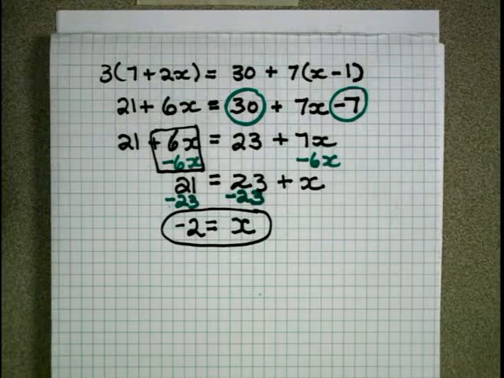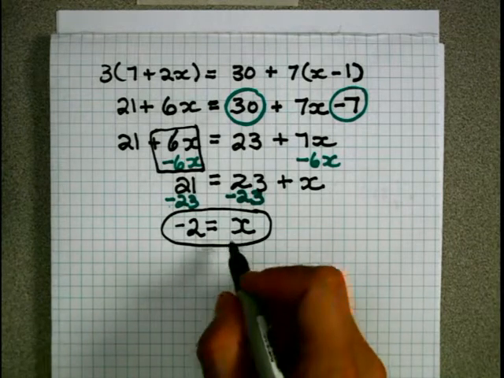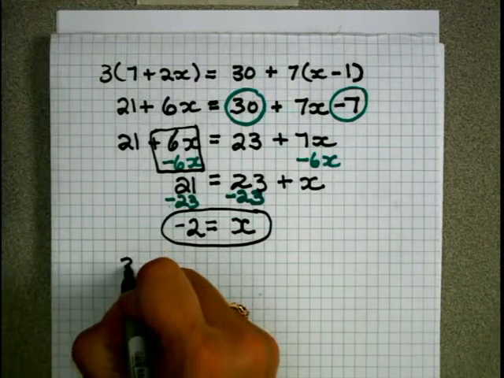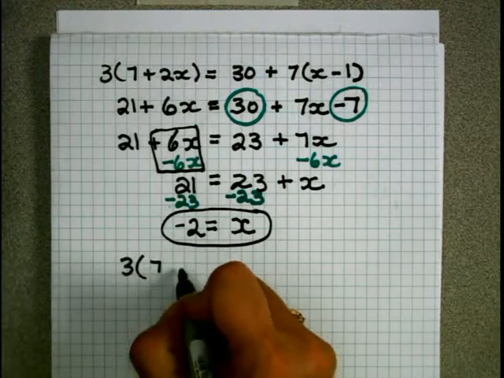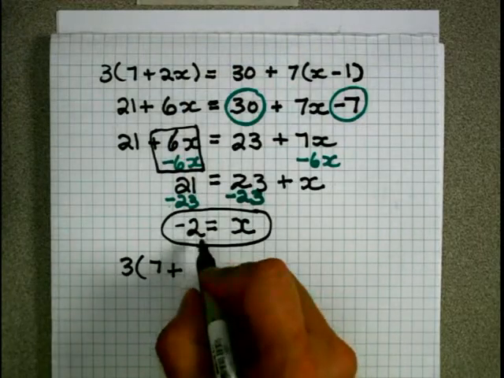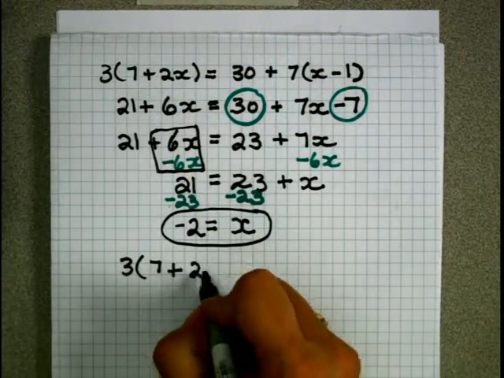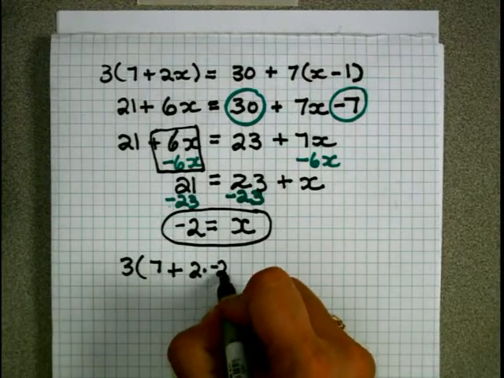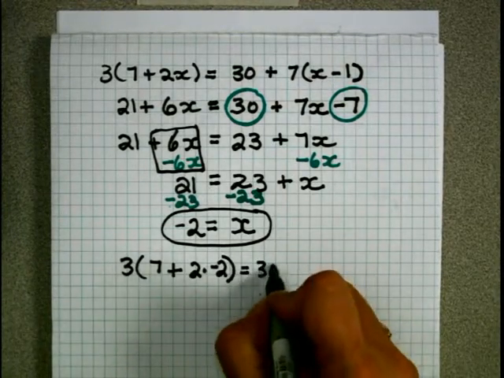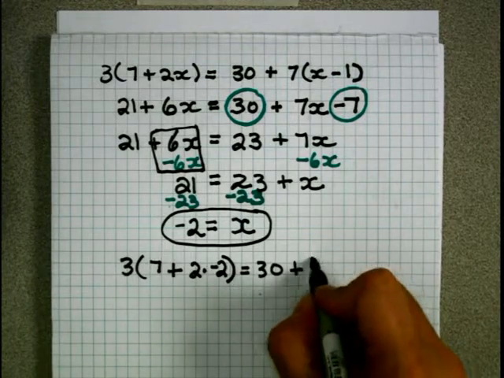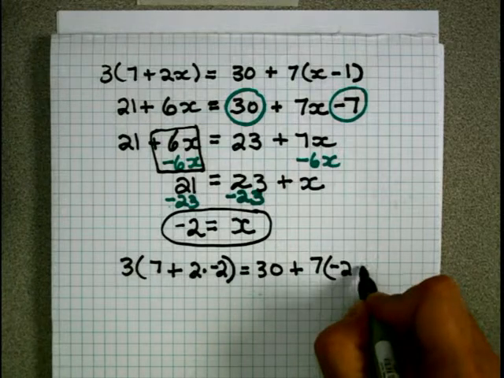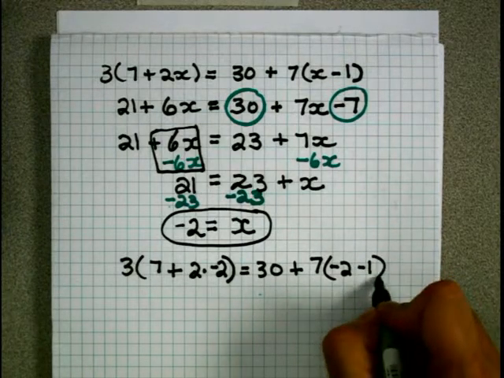I can actually substitute this value for x back into the equation, and we can say that 3 times 7 plus 2 times x, 2 times x is going to be 2 times a negative 2, equals 30 plus 7 times, again, a negative 2 minus 1.